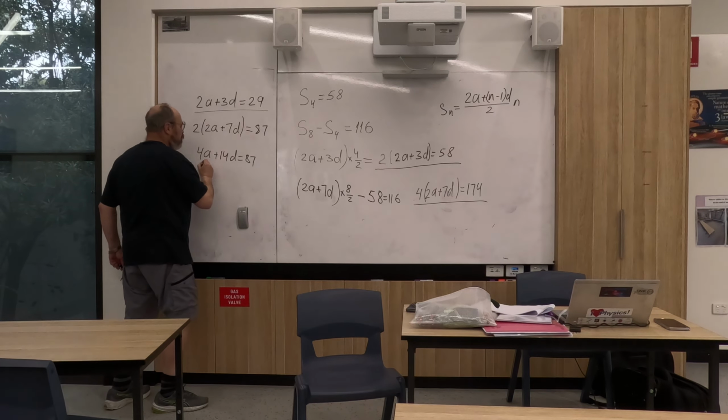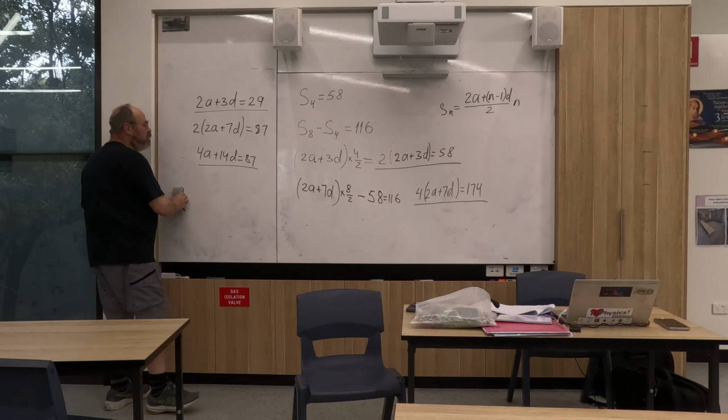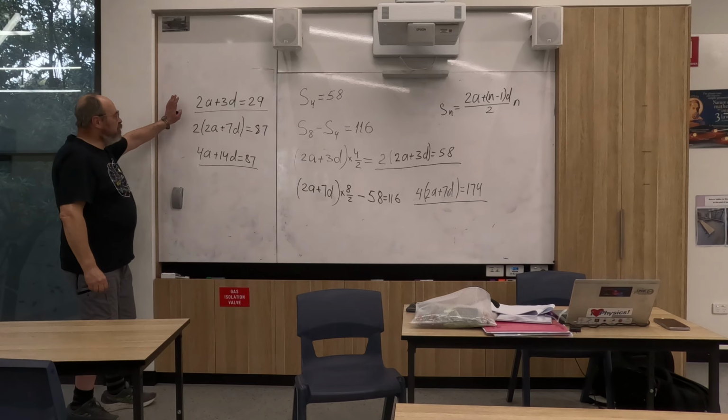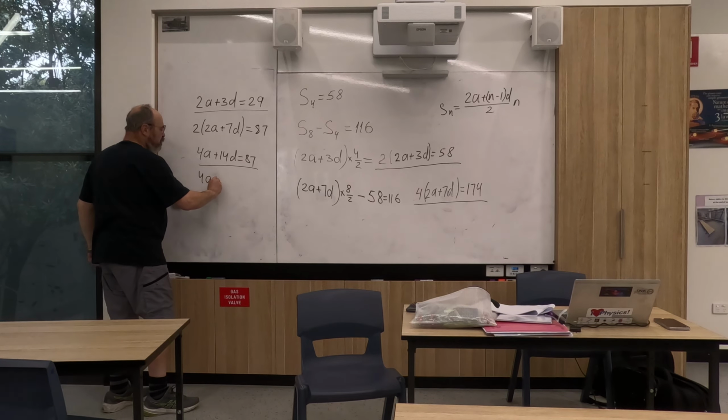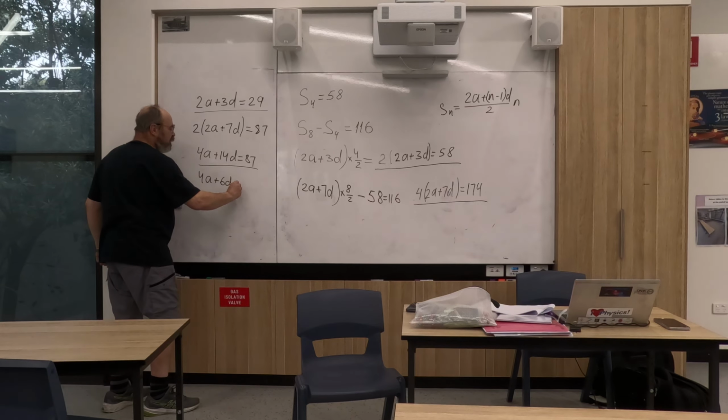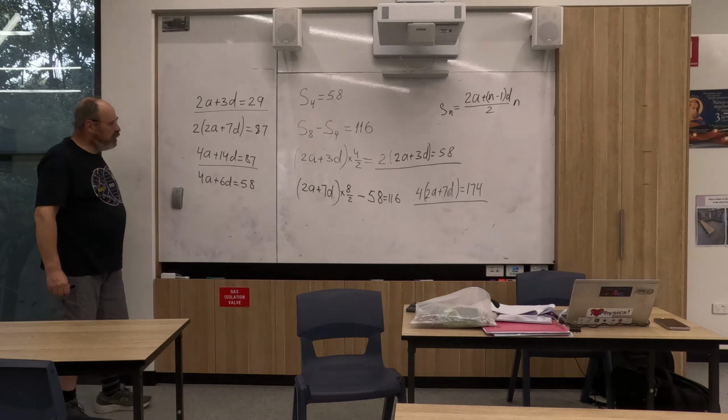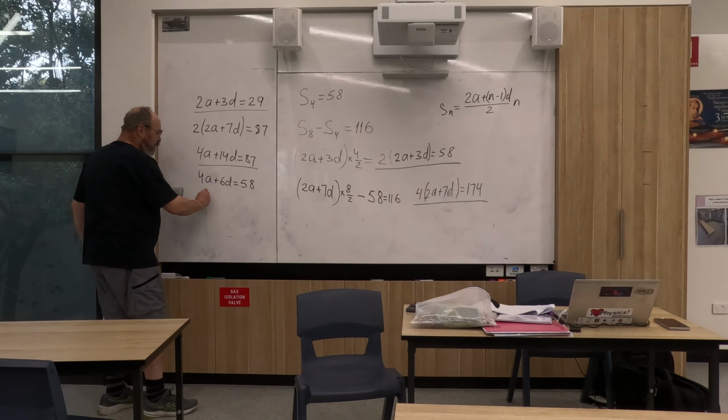So we have two simultaneous equations. Let's multiply the first equation by 2 to eliminate a, so we'll have 4a plus 6d equals 58, and then we subtract this equation from the other equation and we get 8d.